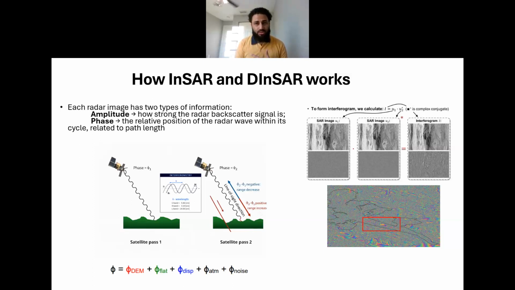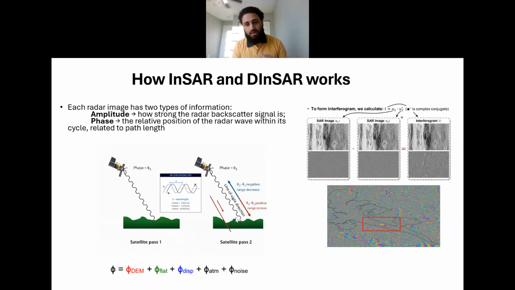Since this is an active system, we know when we are sending the wave and when we are receiving it back. So if that phase changes, let's say at time t1, I am just focusing on the phase now. I send the wave to the ground, and then at time t2, the satellite comes back and looks at the same place.